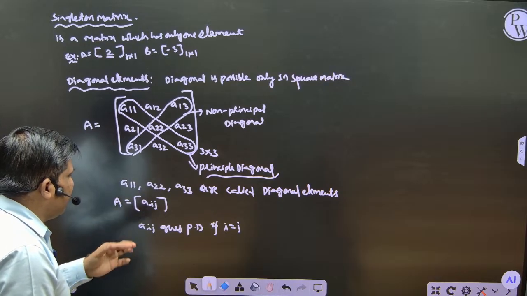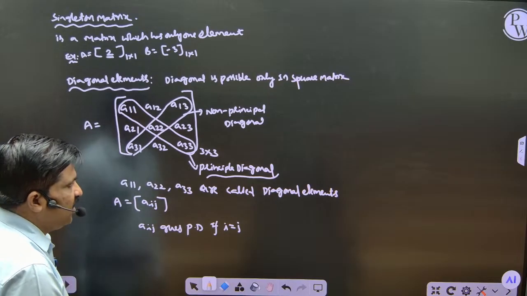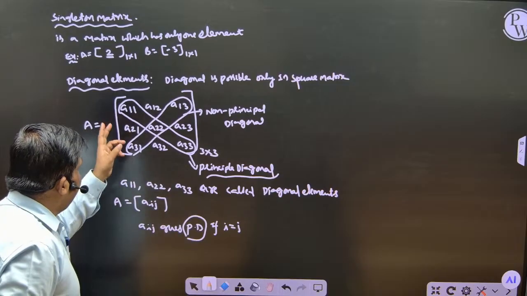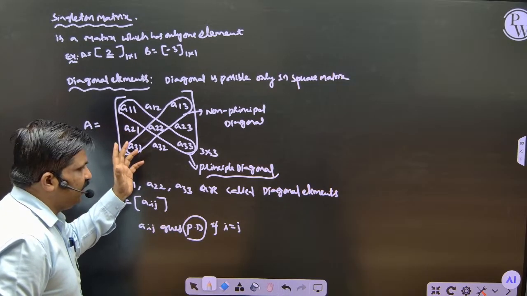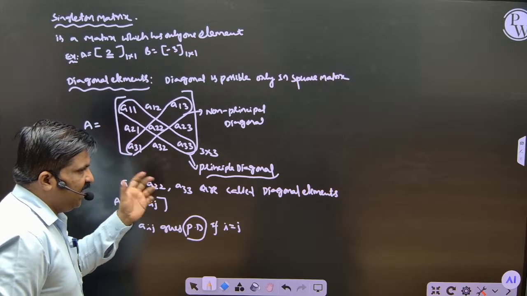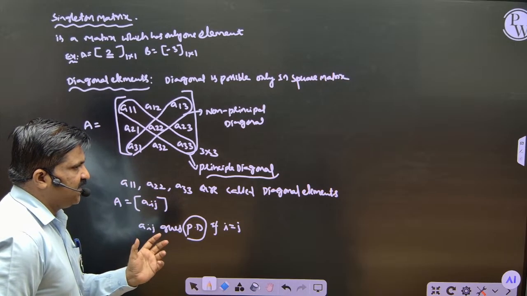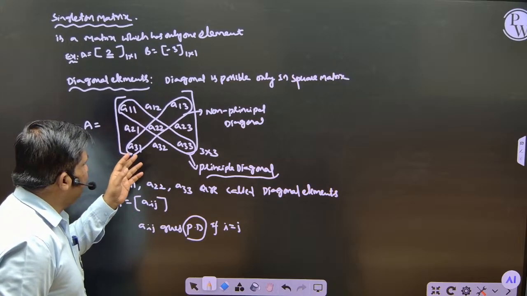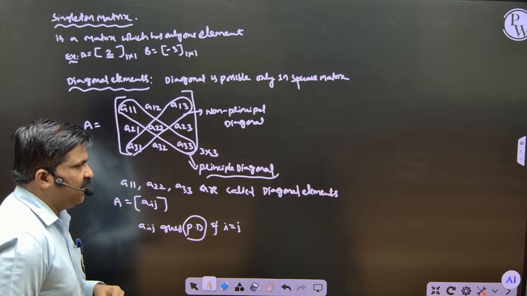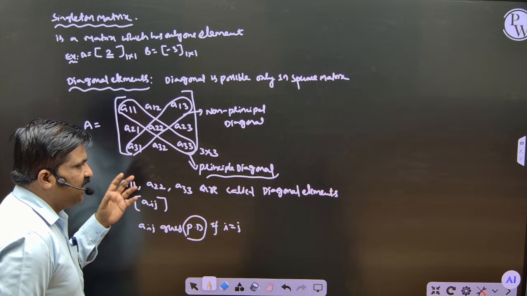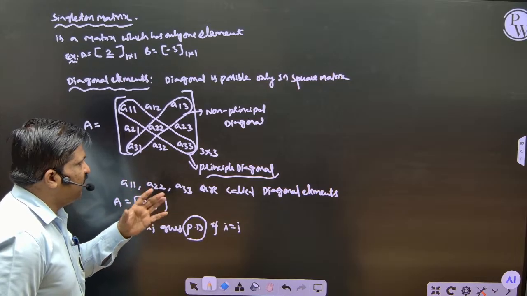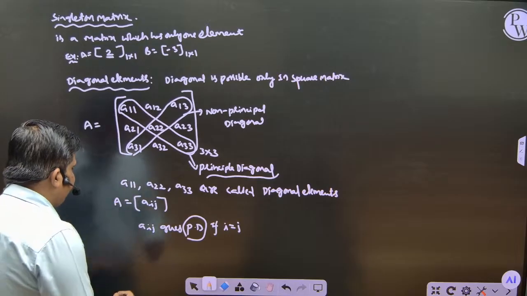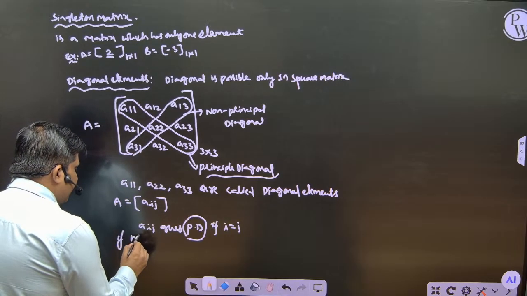Aij gives the principal diagonal elements whenever i is equal to j. A11, A22, A33, A44, A55, A66 and so on, Ann. If it is a third order matrix, A11, A22, A33 are principal diagonal elements. If it is a fourth order matrix, A11, A22, A33, A44 are principal diagonal elements.